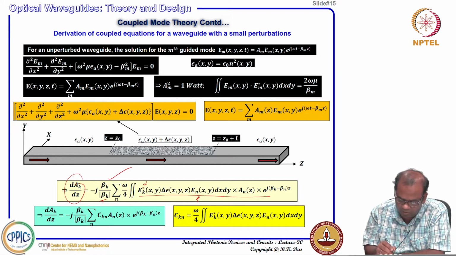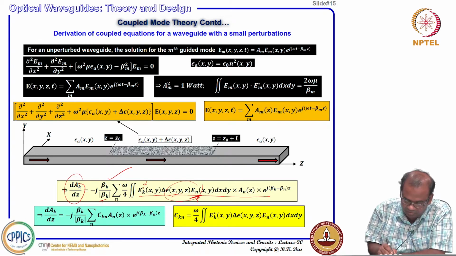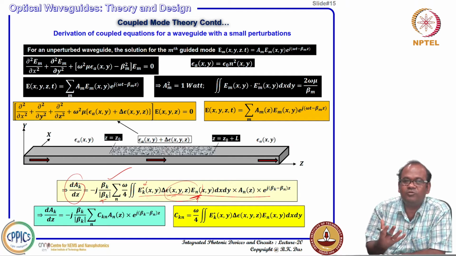That means for the kth mode you are seeing what contribution comes because of delta epsilon to all other modes, with n running from 0 to 10 or however many modes there are. You operate and then look at the kth mode, what the projection is, and that is the contribution accumulating for the kth evolution.